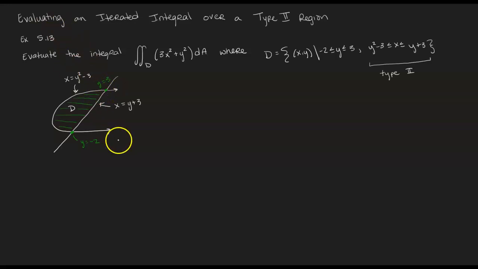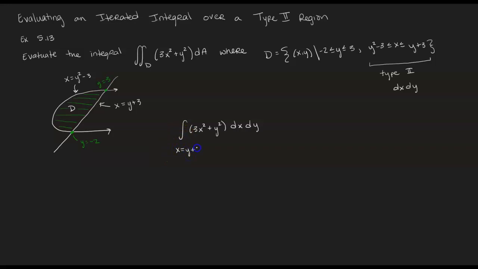All right, we are ready to set up our double integral. Because we're doing this as a type 2 region, we're going to integrate with respect to x first, y second. So let's go ahead and set up our integral. I'll copy the function into the integral first. Then we'll replace dA with dx dy. X being the inside part means that the inside integral is going to have the functions.